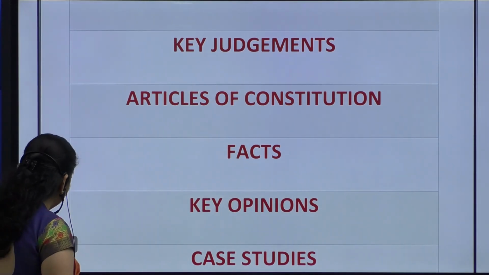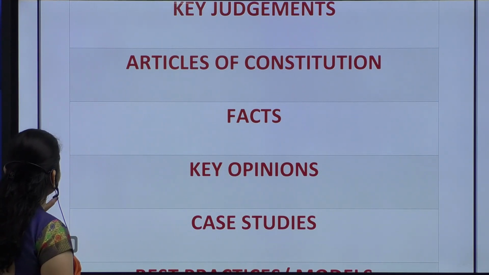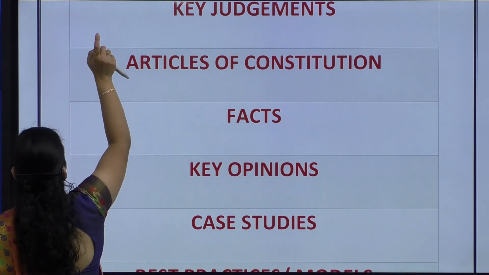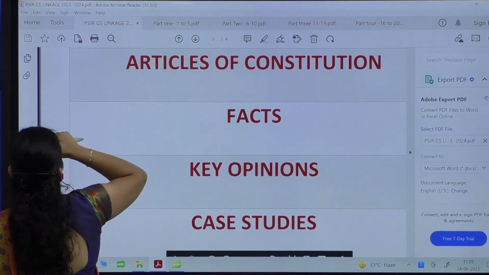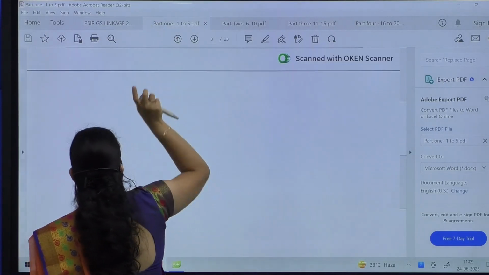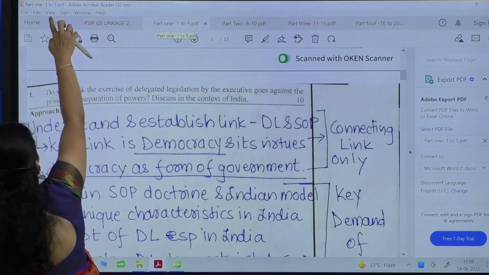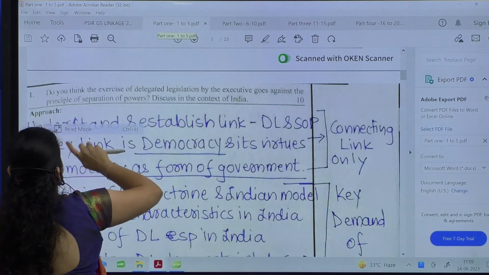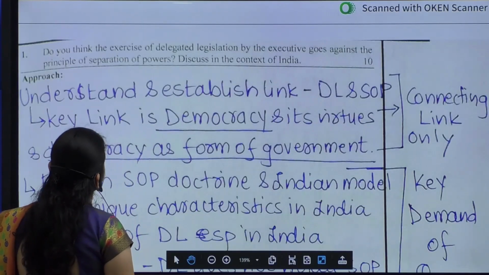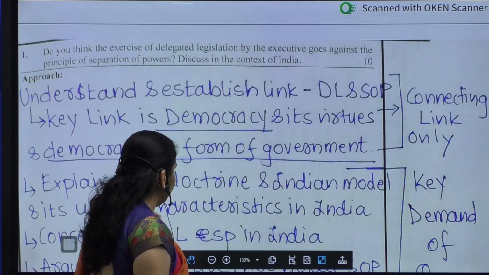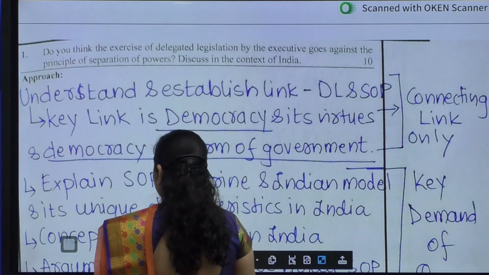Now let's move to seeing how this application will be done in real time. All right? So I am reading the question for you.